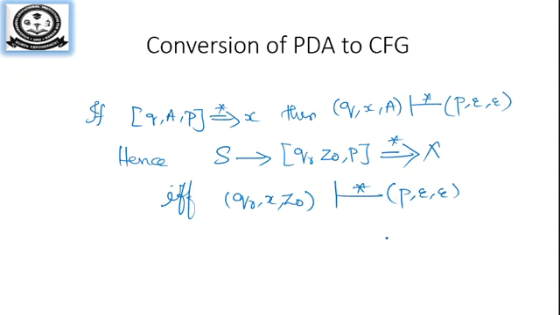So this will be your final state, that is empty store, and this will be your initial ID. So the initial ID is this x.